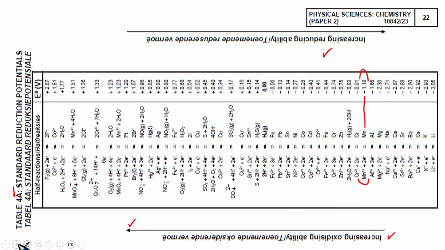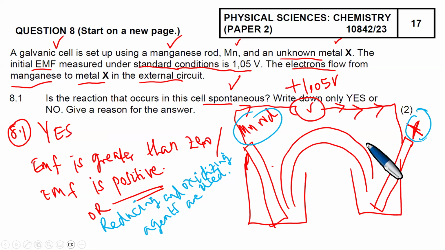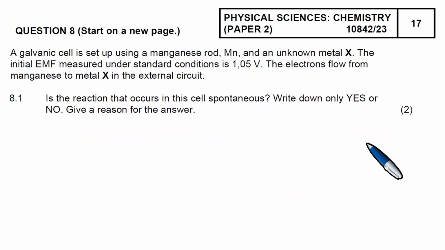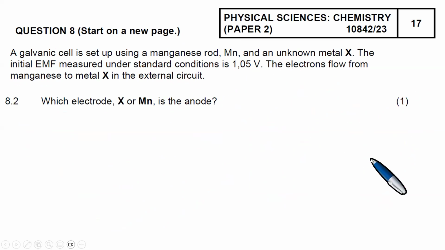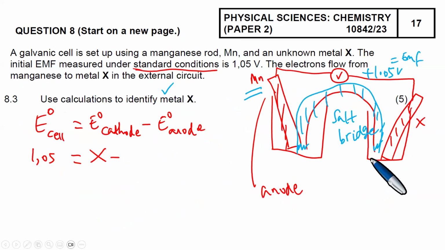So we're going to come here and write it down. Minus 1.18 for manganese, Mn. Now we can see that manganese 2 plus plus 2 electrons gives us manganese in its stable state according to the oxidation numbers, grade 11s. You need to recall oxidation numbers.